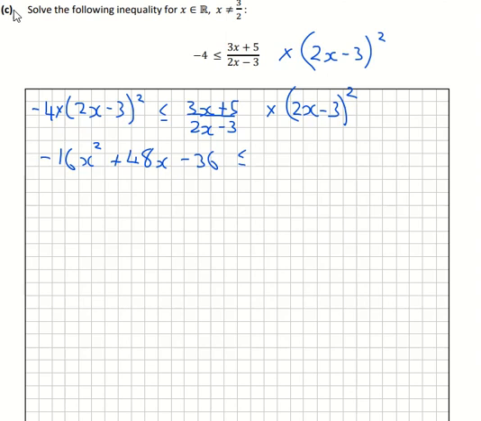Now, this 2x minus 3 will cancel with one of these 2x minus 3's, and that will leave me with 3x plus 5 times 2x minus 3, because 2x minus 3 times 2x minus 3, one of those will divide this term in the bottom.